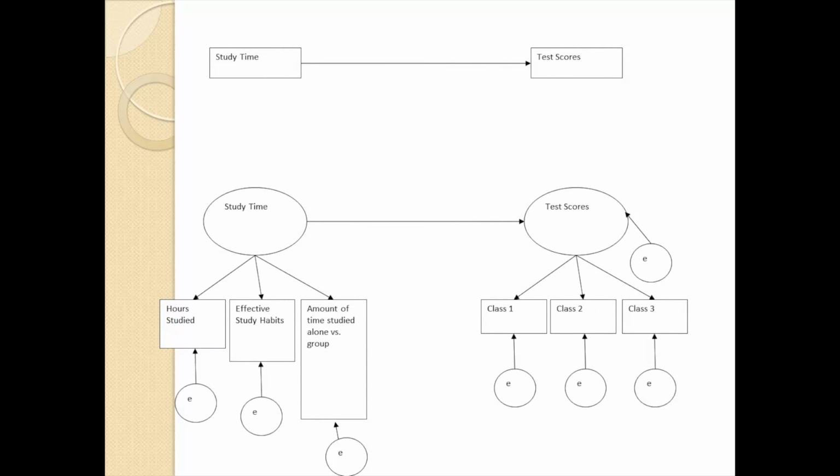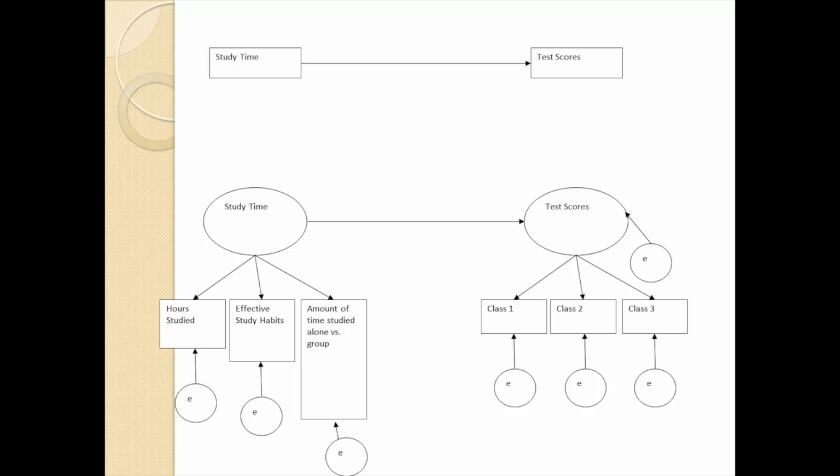So the difference might look something like this. From a regression framework, we have a single variable of how much time you study predicting test scores for students. And we could run this in a regular regression framework and get a good answer. From an SEM framework, it may be that the number of hours studied plays less of a role than, say, effective study habits or studying in a group.